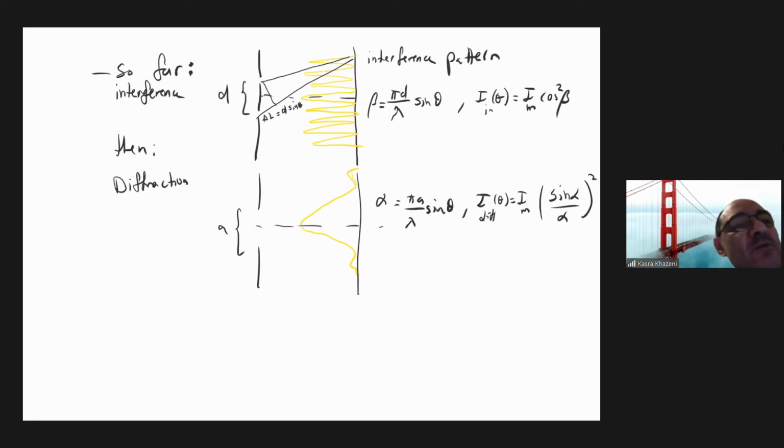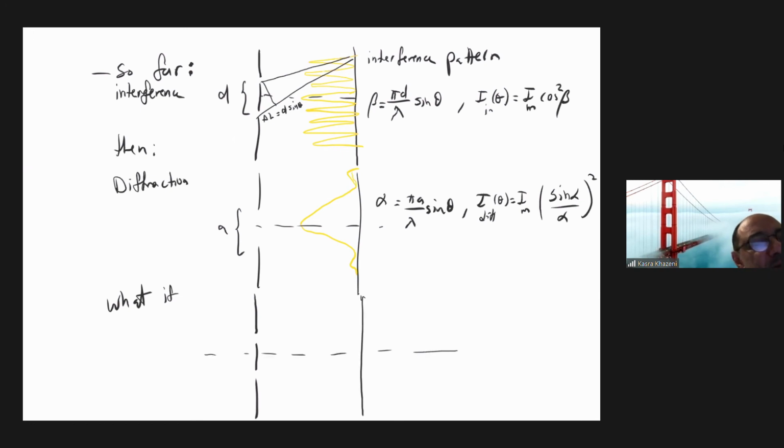Okay, but going back to two slits, in reality even the two slit experiment shows diffraction.